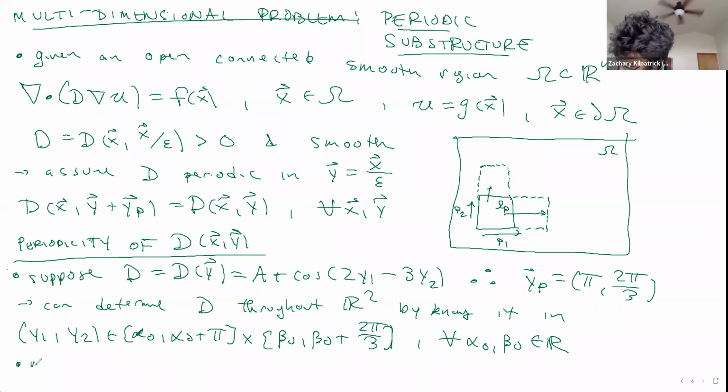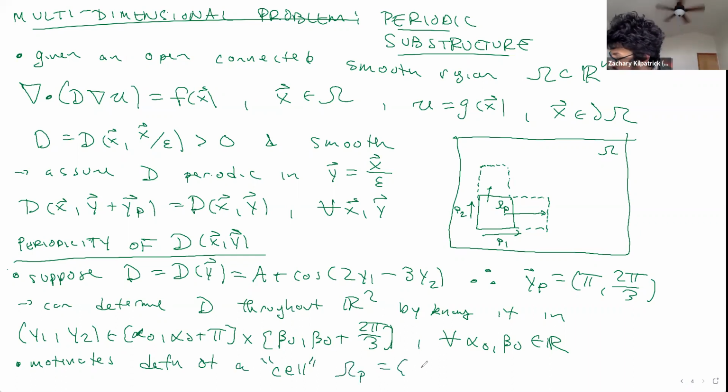Okay, so this motivates the definition of a cell, which I sort of illustrated above, omega p, which will be (alpha 0, alpha 0 plus p1) cross with (beta 0, beta 0 plus p2). Okay.